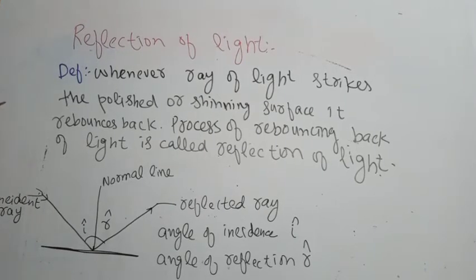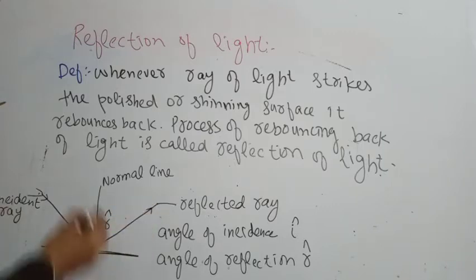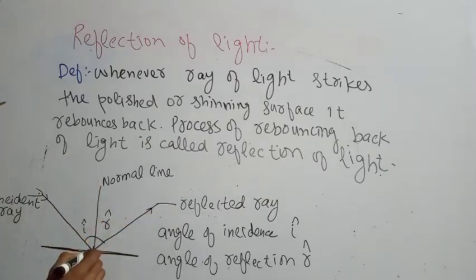Now the point where these three lines, incident ray, reflected ray and normal line, are meeting with each other on the surface, this one is known as the point of incidence.